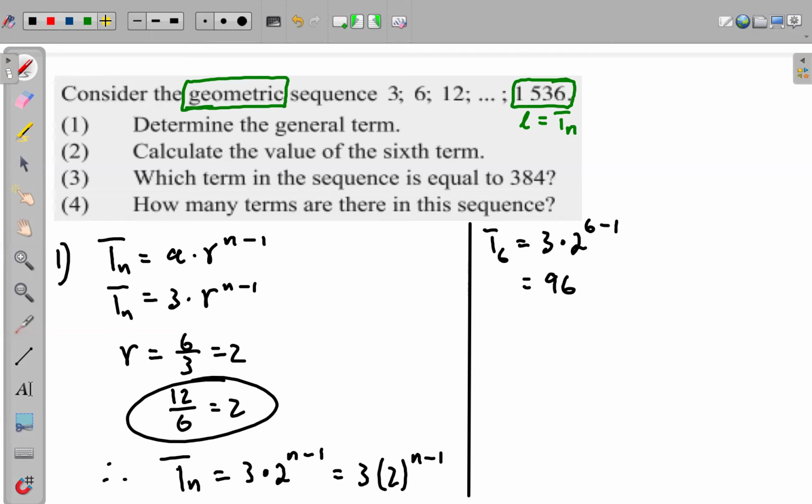We do see students writing Tn instead of T6, and I've seen the penalty being given there. So if you're going to write Tn is equal to 96, I promise you that does not make sense, because when you say Tn, you are saying the general term. Now you are saying that the general term is 96, it's constant. Sorry, that does not make mathematical sense.